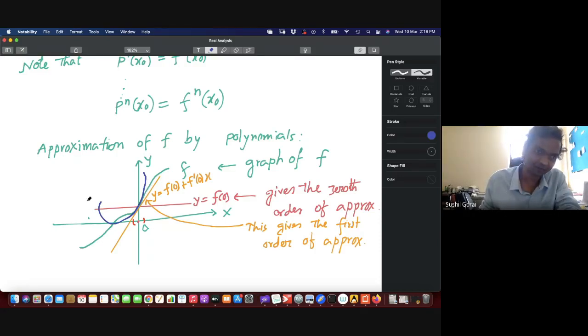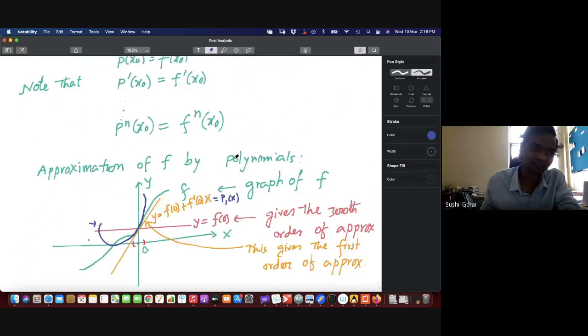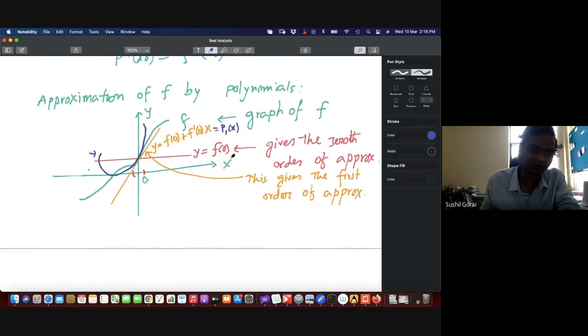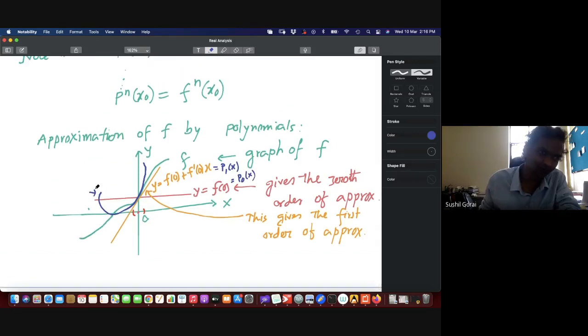This is P0(x), and we can define P1. This is y equal to f(0) plus f prime 0 times x plus f double prime 0 by 2 times x squared.